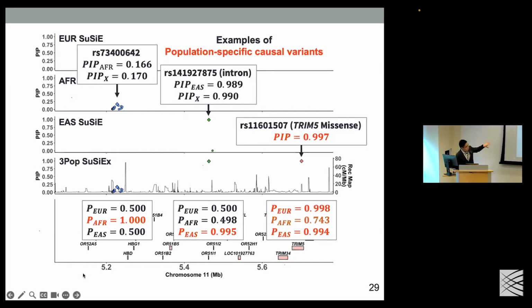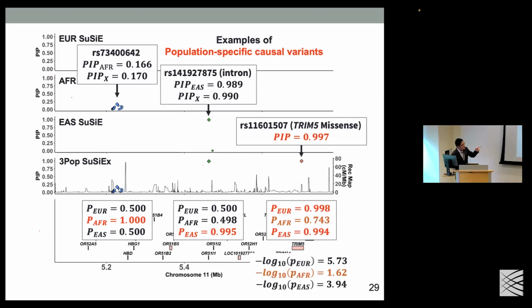This one, the left one. And the middle one is manifest causal in East Asian, but not in European and African. For the last one, that's quite interesting. This variant is shared for European and East Asian, but in African, we don't have enough confidence to say this variant is manifest causal.